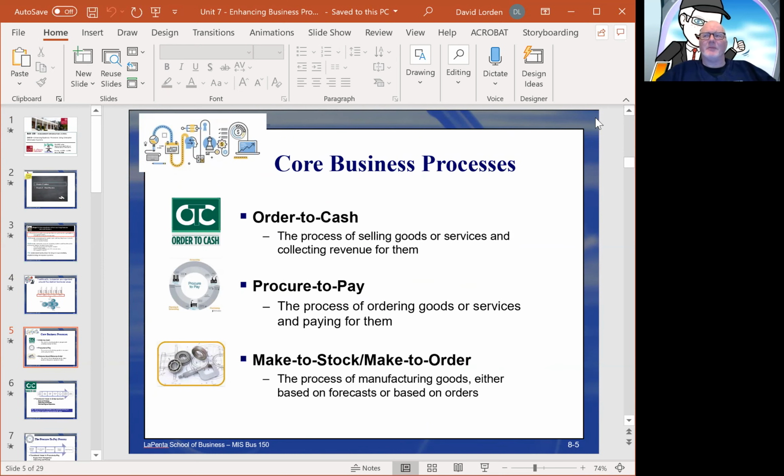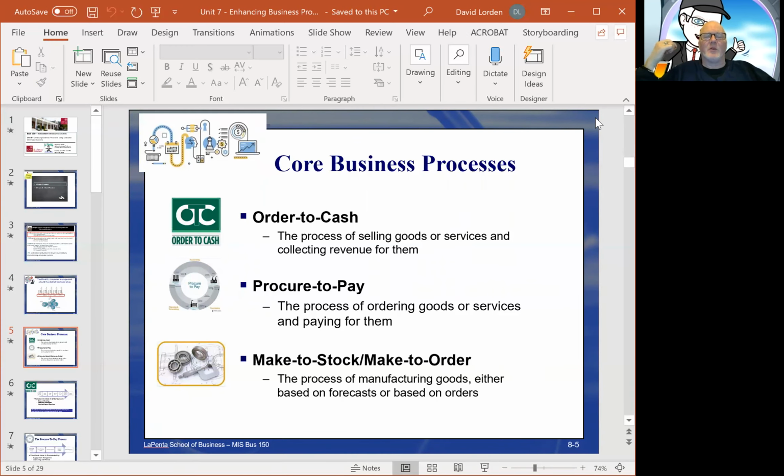These are 3 core common business processes that every organization to some degree follows. The first one's called order to cash, and this is really the process of selling goods and services and collecting revenue from them. You sell a good or a service to a customer, and there's a process to fulfill that order and to collect the cash back.